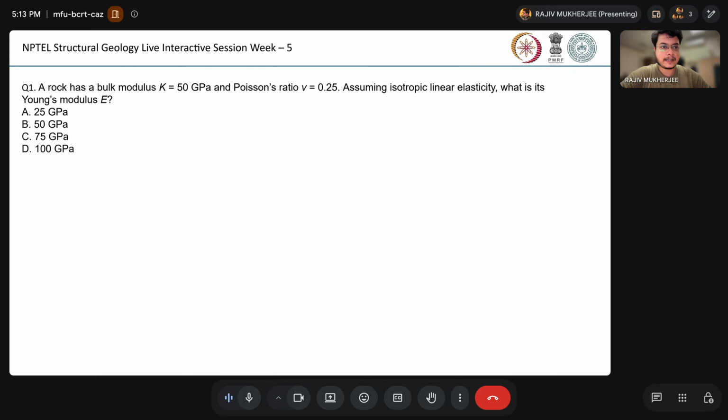We are denoting that Young's modulus with E. And the options are 25 GPa, 50 GPa, 75 GPa, and 100 GPa. So I will pause for a minute, and after that we will solve this problem.